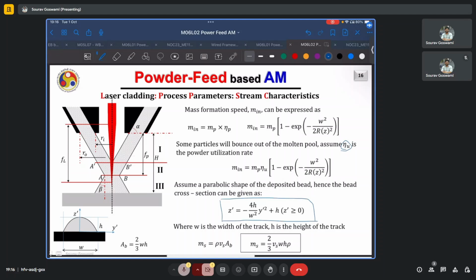And then we can have an expression for ms, which is 2/3 Vs w h rho.